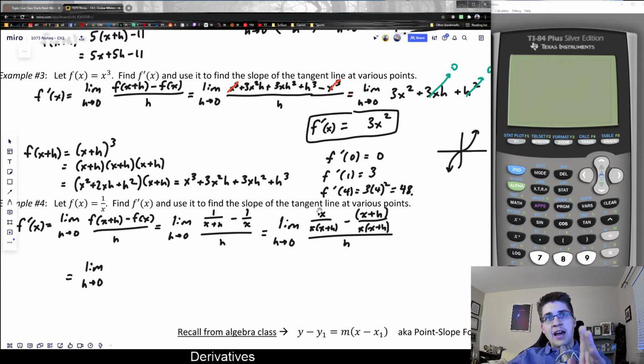So I would have x minus x minus h. The x minus x will cancel, and I'll be left with simply minus h. So I'll have minus h divided by x times x plus h, and all of this is over h below.